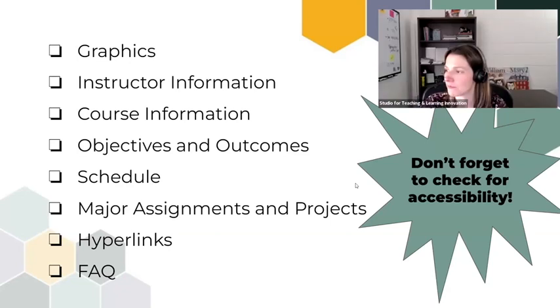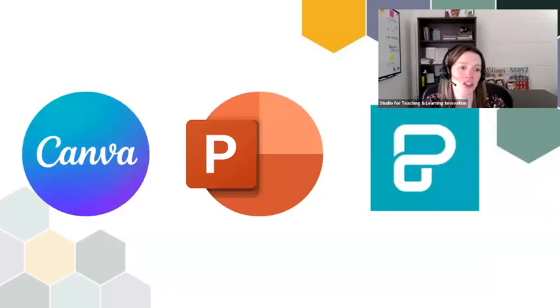Yeah. And so here are three tech tools that are really easy to use that you could potentially use to create your visual syllabus. Canva is my personal favorite. Canva makes instructional designers out of all of us. It has tons of icons. It has templates. If you want to use an infograph or a newsletter, you can type that in and it spits a template out. So you're not starting from scratch.